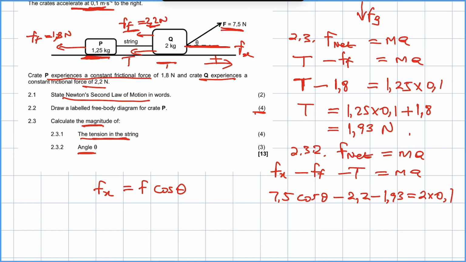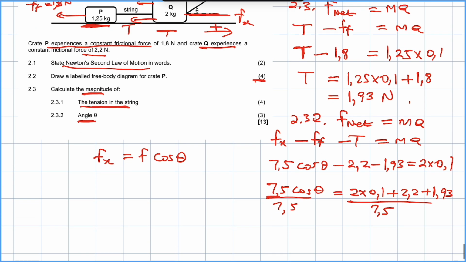So if you transpose everything, 7.5 cos theta equals 2 times 0.1 plus 2.2 plus 1.93.